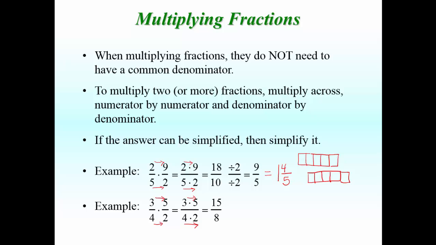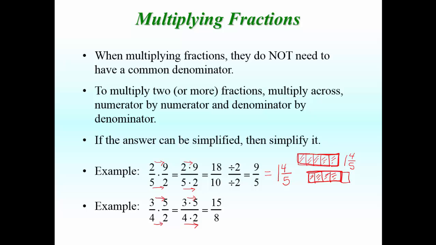If I have 9/5, 1, 2, 3, 4, 5, 6, 7, 8, 9. 9/5 is the same as one whole rectangle and 4/5 of another. So that's why the answer is 1 4/5. You'll remember that from our previous lessons.